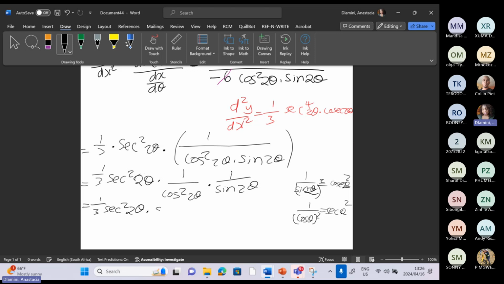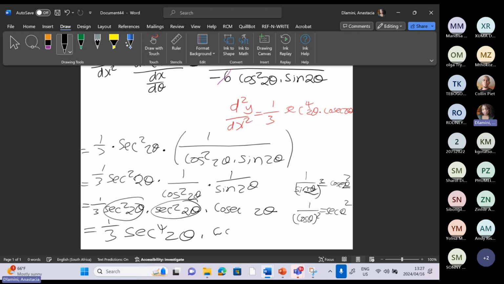So this will be sec squared 2 theta times cosec 2 theta, only cosec. So this is 1 over 3, and the sec and the sec make sec to the power 4 of 2 theta times cosec 2 theta. So this answer is the same as that answer.